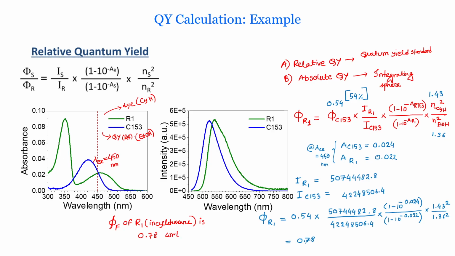We write it with respect to C153 in ethanol. You always need to mention this when we use a relative measure, and we should also mention the quantum yield of C153, which is 0.54. So this is the process by which you calculate the quantum yield, so that you can get a better idea.